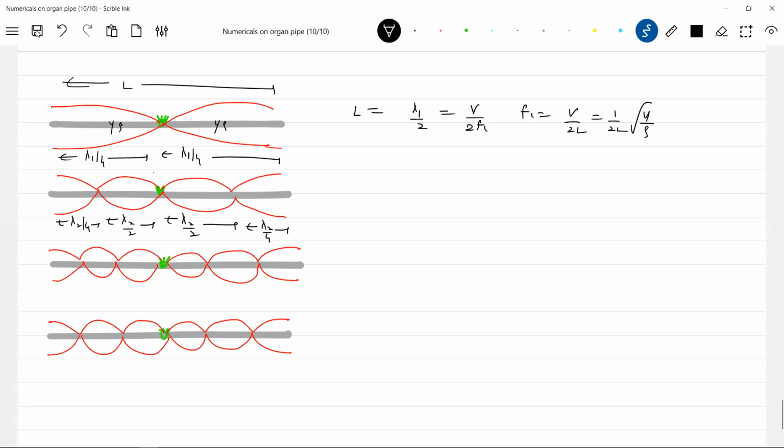Similarly, looking at the second diagram, the same length is equal to lambda 2 by 2, plus lambda 2 by 4, that is 3 lambda 2 by 2. Three V by 2 F2, or F2 equal to 3V by 2L.